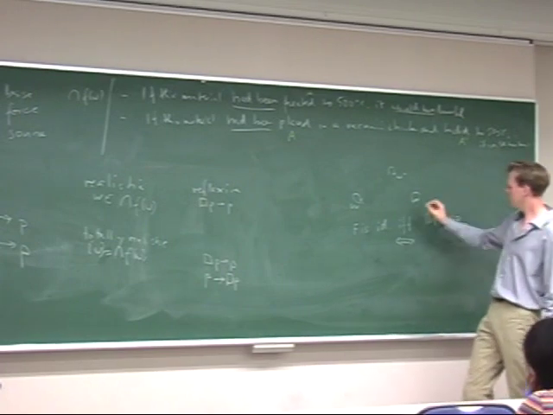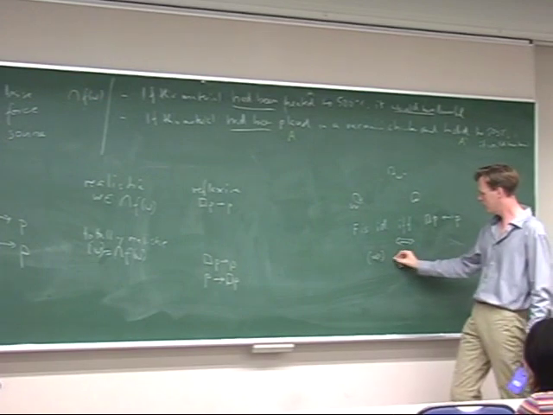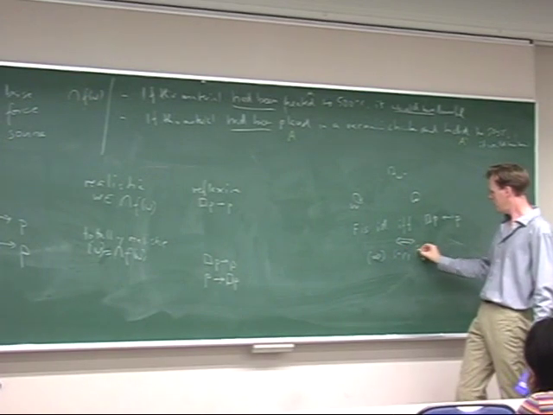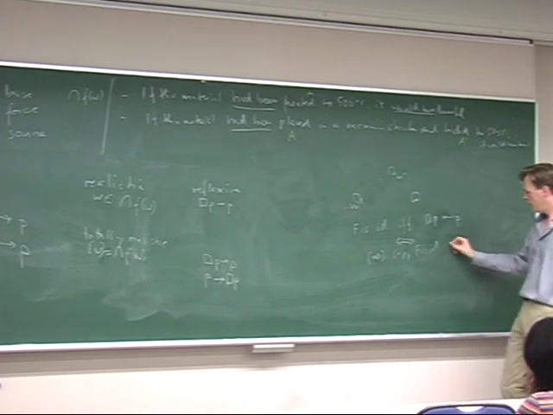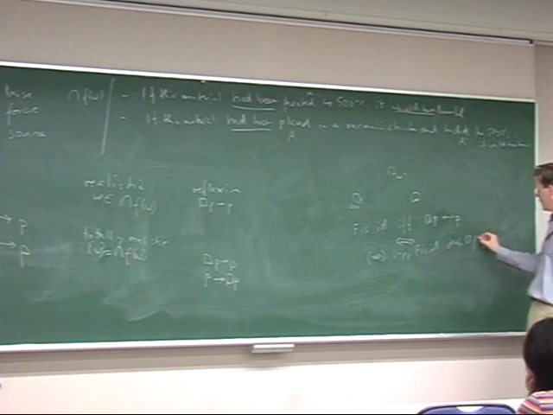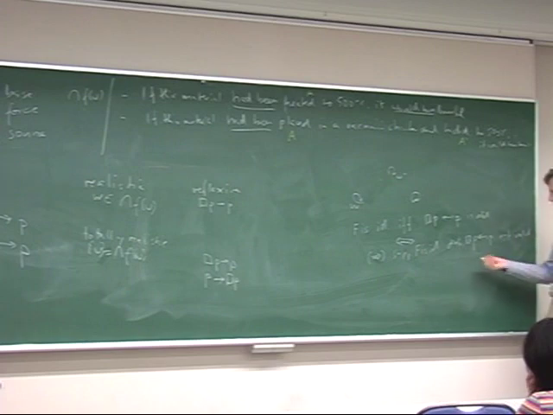So first of all, to go from left to right, suppose F is an identity frame, which is what we have right now, and this axiom is not valid. Okay, what does it mean for this to be invalid?